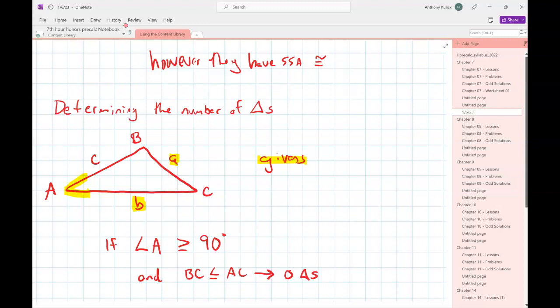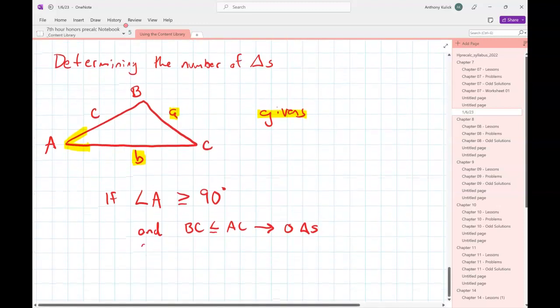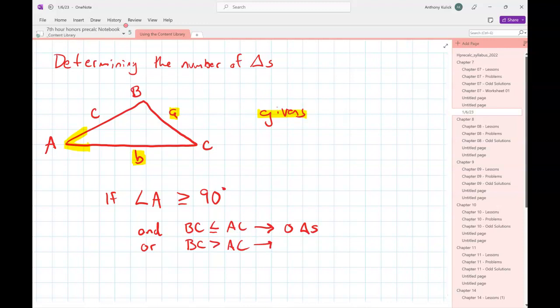Everybody's okay with that idea? Now, if the hypotenuse is the longest side, there's no problem. There's just one set of answers. That's a problem we can do. Everybody's okay there?